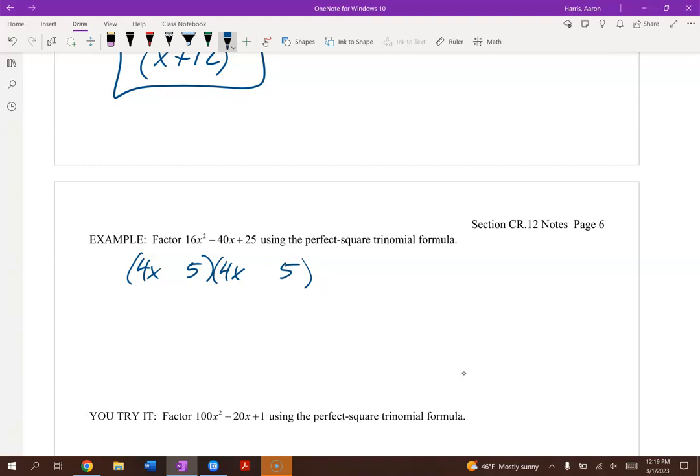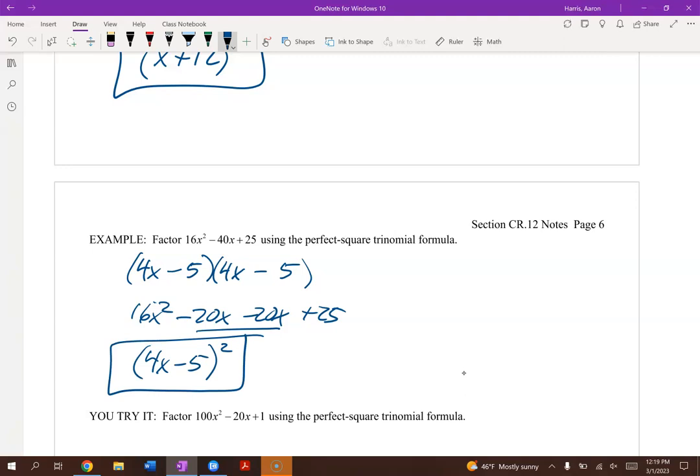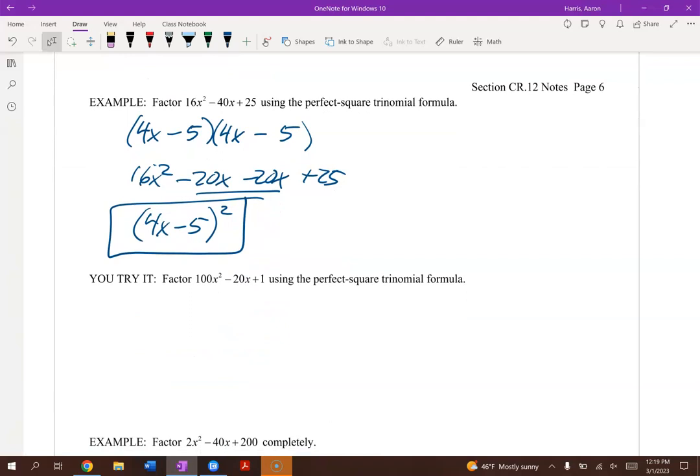It's either a positive 5 times a positive 5 or a negative 5 times a negative 5. And you go ahead and check that. 16x squared minus 20x plus 25. There it is. There's that minus 40x. So it's 4x minus 5 times 4x minus 5. 4x minus 5 quantity squared. So this is of the form a minus b quantity squared.